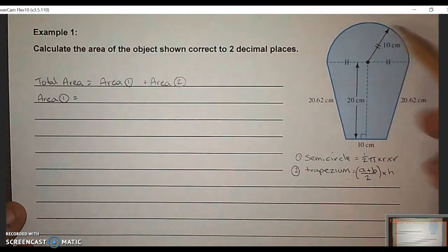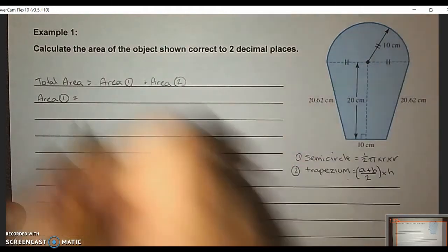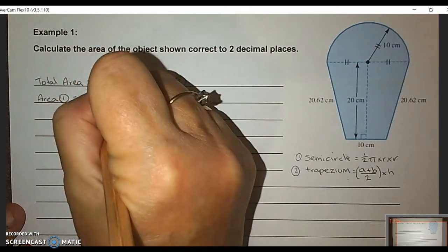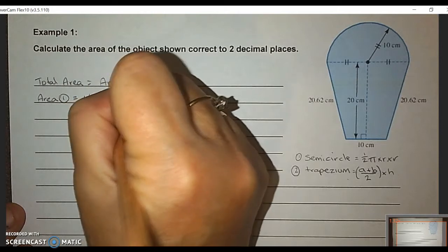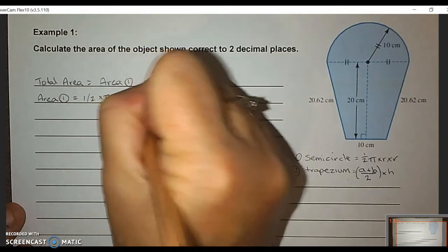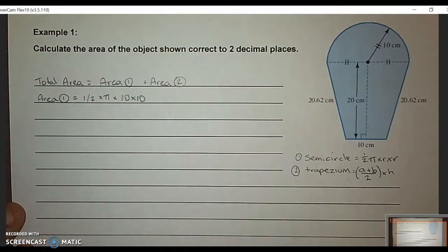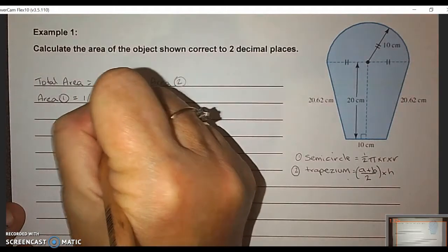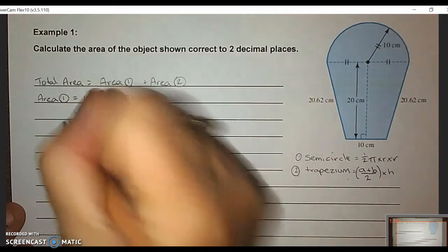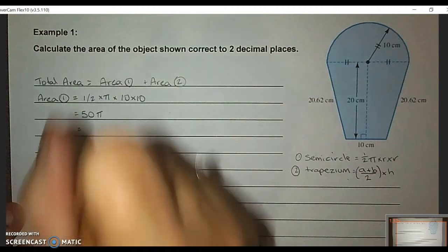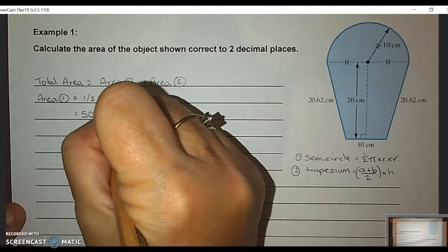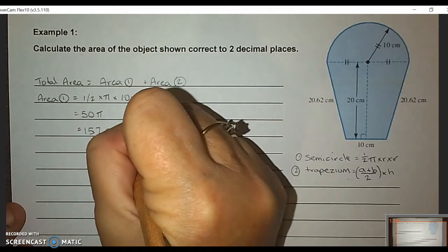So once again, it's half. Our r is 10. So it's half times pi times 10 times 10, which is 50 pi, or 157.08 centimeters squared.